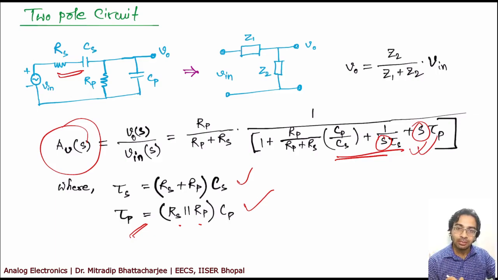Generally when you calculate poles, you put the denominator equal to 0. If a quadratic equation is there in the denominator and you put it equal to 0, you will find two values of s. So it is also very evident from the circuit itself that you have two poles.